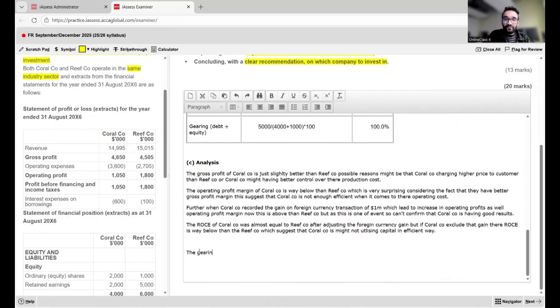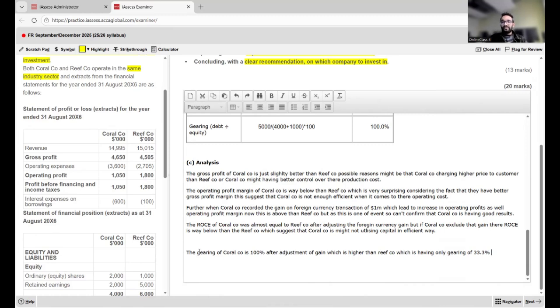The gearing of Coralco is 100% after adjustment of gain, which is higher than Reefco, which is having only gearing of 33.3%, right?